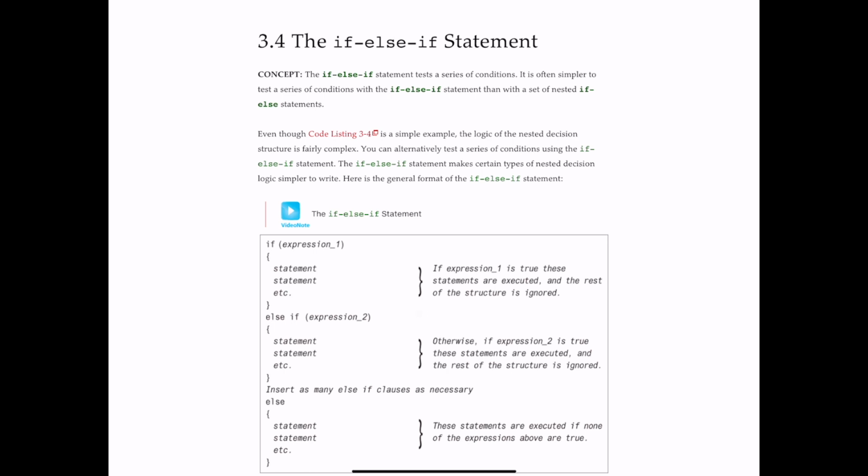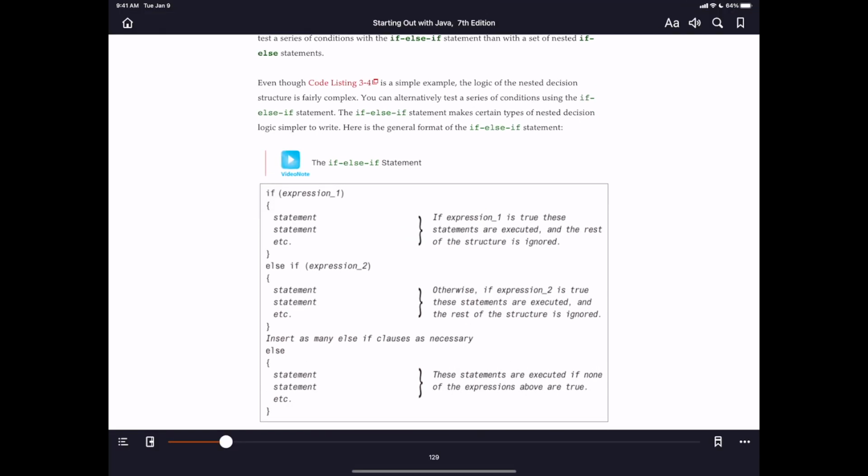Essentially, they do exactly the same thing. It's just that the if-else-if does it in a way that doesn't require all of that sucking up of lines of code. So this starts here on page 129.